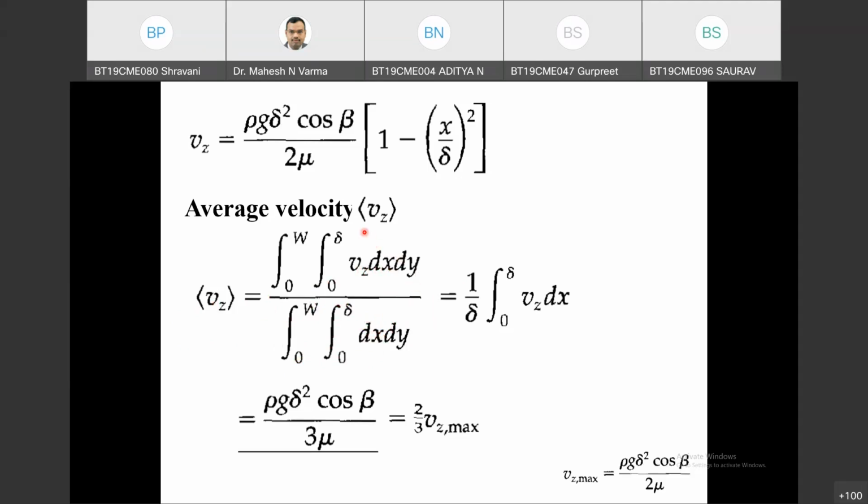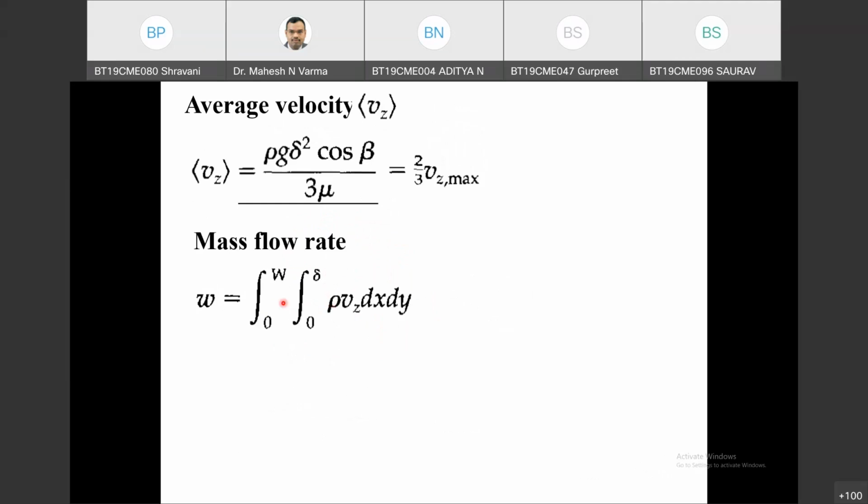So I will get this equation. In this equation, what is only the numerator? It is the average velocity multiplied by area and multiplied by density, which will give you mass flow rate. So now this average velocity multiplied by area. What is the cross-sectional area?